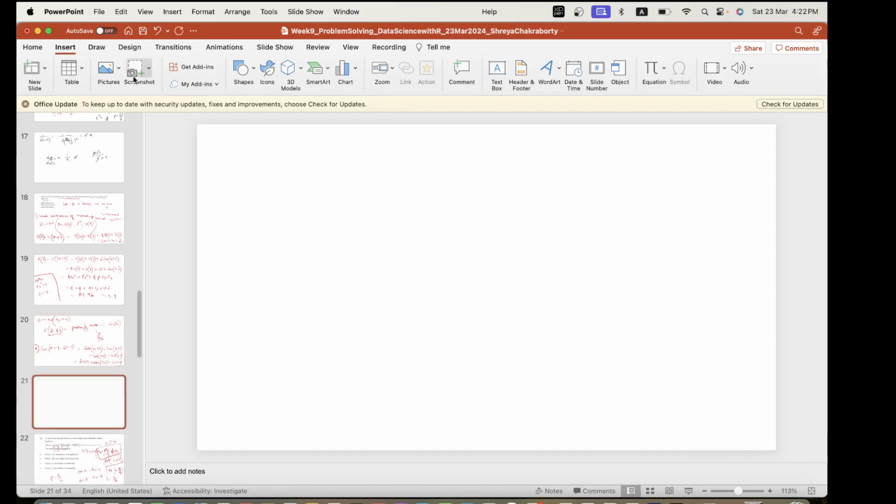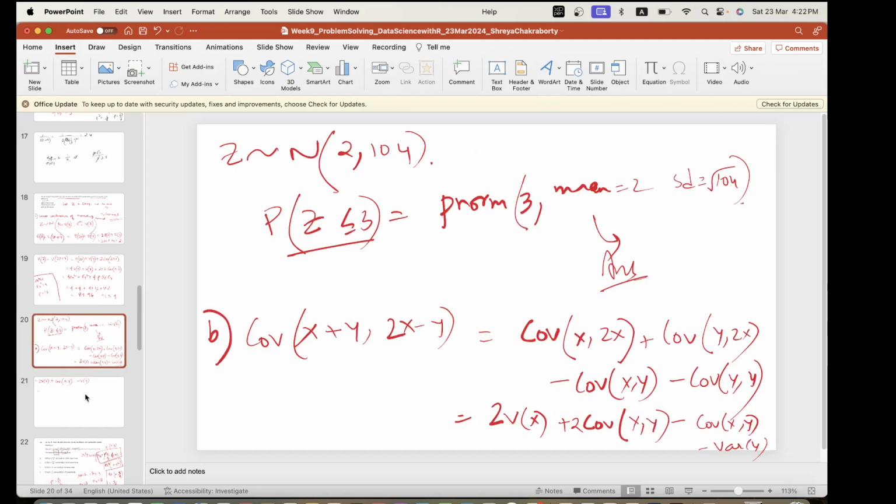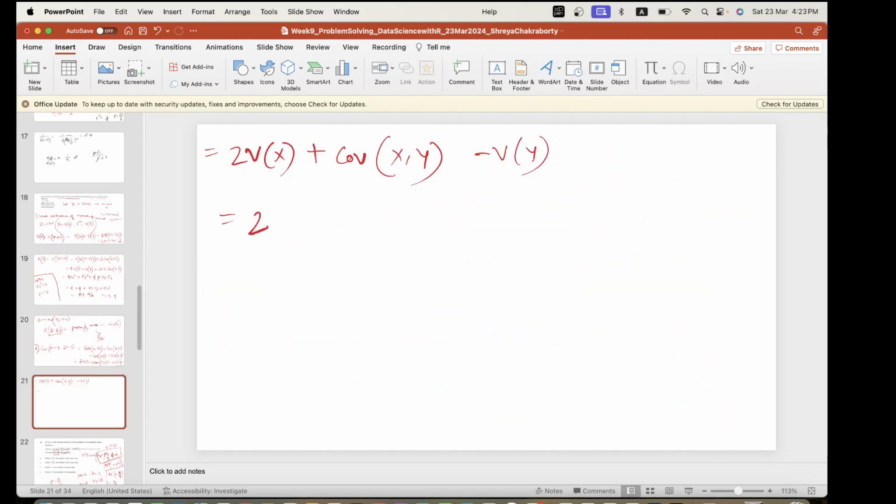So this will be 2 times variance of x, plus covariance of xy, minus variance of y. That would be 2 into sigma 1 square, that is 1, plus covariance of xy, which is rho into sigma x sigma y, minus variance of y, which is 4.